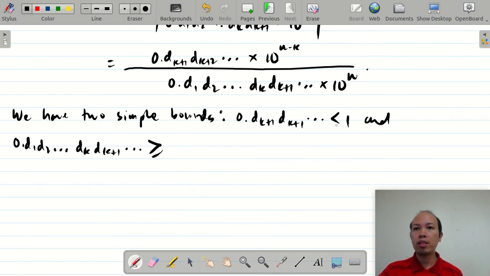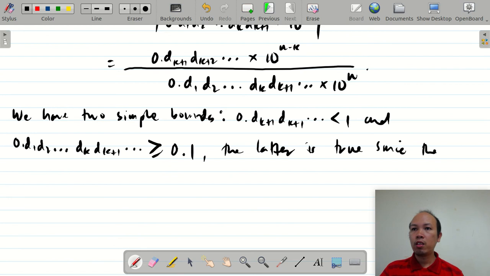We know that this is less than 1. And here, this one is greater than or equal to 0.1. The latter is true. Why is it that this is true?